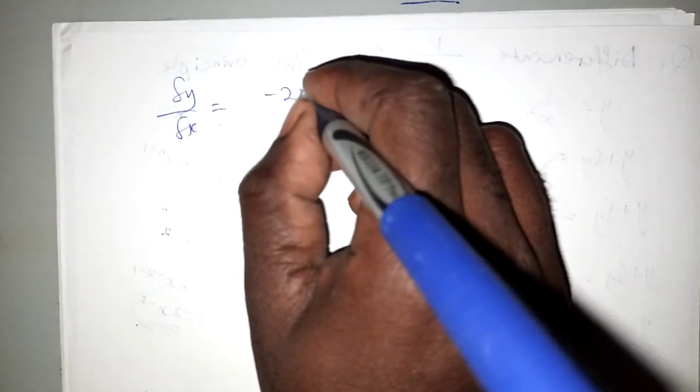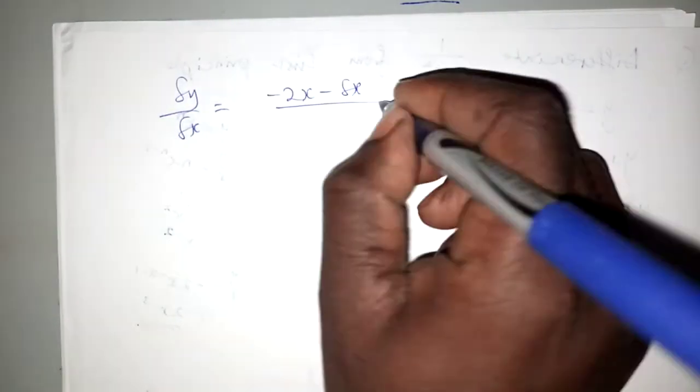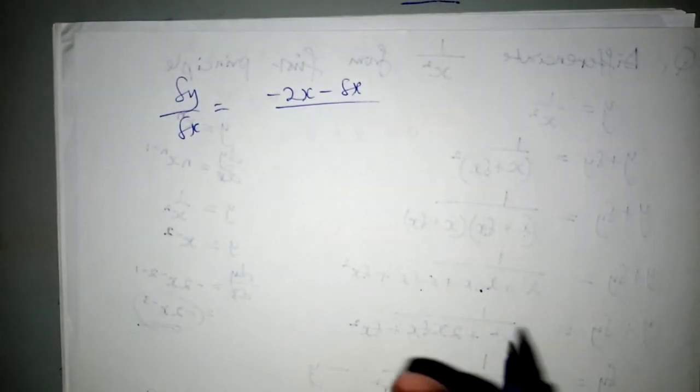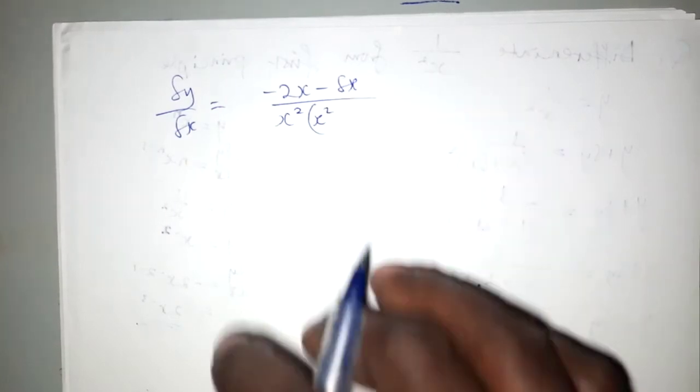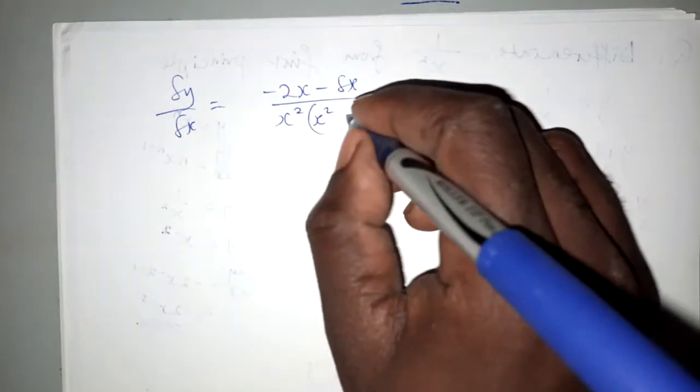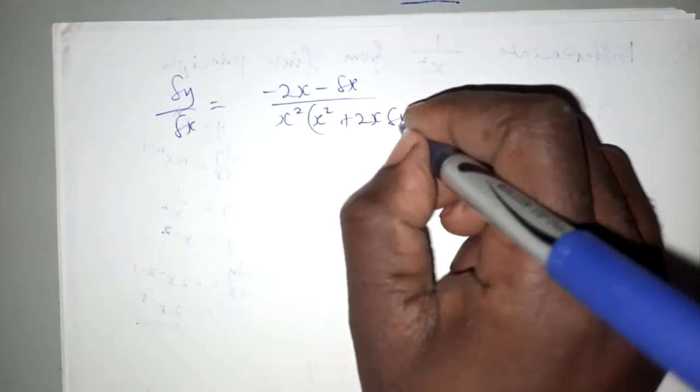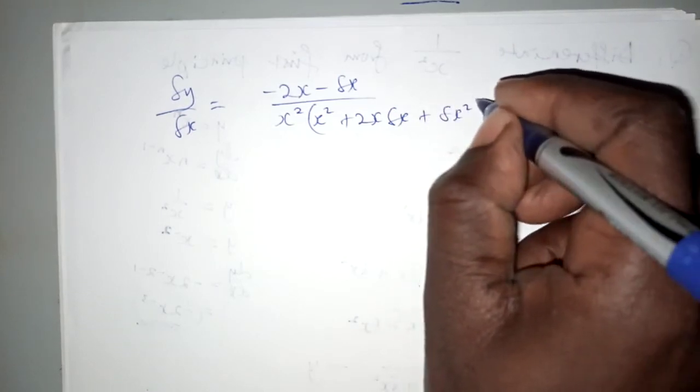So we are now going to take the limits. So our expression is now delta y by delta x is equal to minus 2x minus delta x, everything all over x square into x square plus 2x delta x plus delta x square.